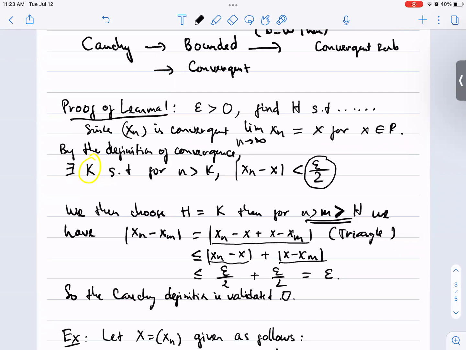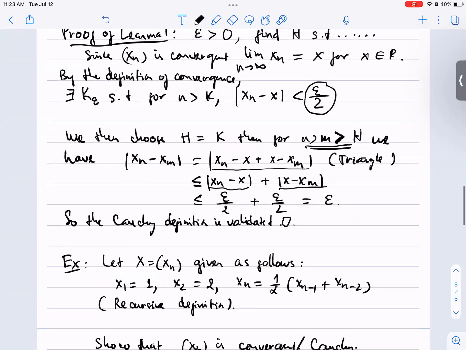Since the sequence is convergent, we know that the limit is equal to x for some real number x. By the definition of convergence, there exists some k depending on epsilon such that for n bigger than k, |x_n minus x| is smaller than epsilon divided by 2. We then choose h equal to k.